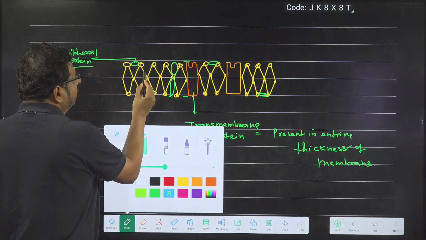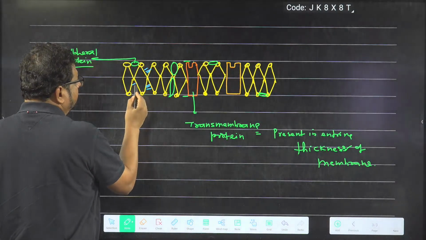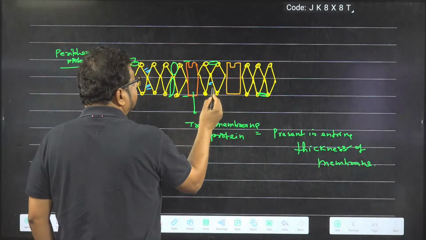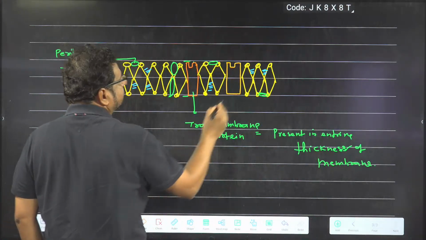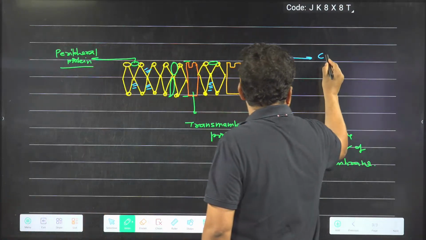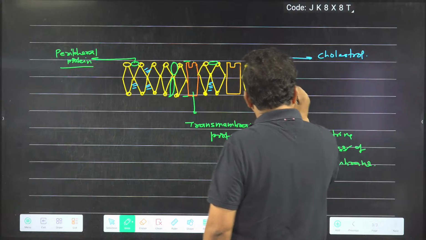In between the lipid bilayer, in some places like this, cholesterol is present. And this one is the lipid bilayer.